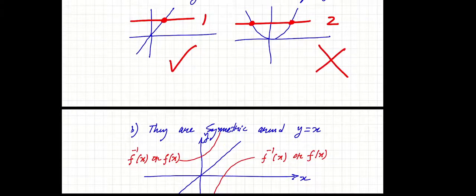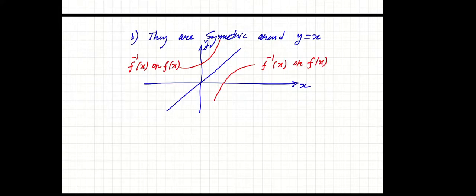So in inverse functions, how many properties are there? 2 properties: 1-to-1 function and symmetric property. This you have to keep in your mind.